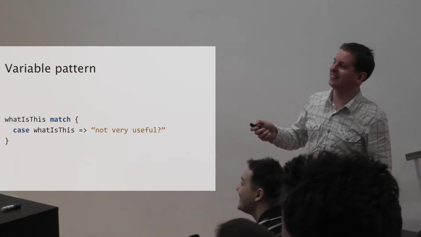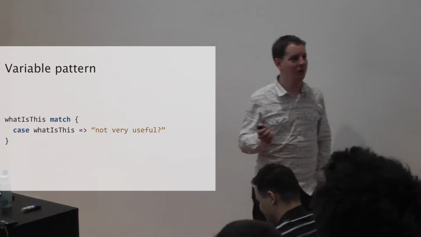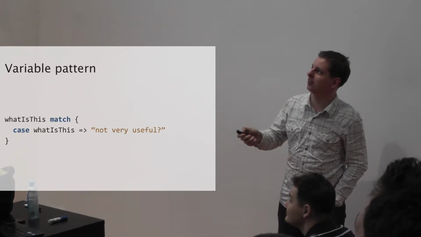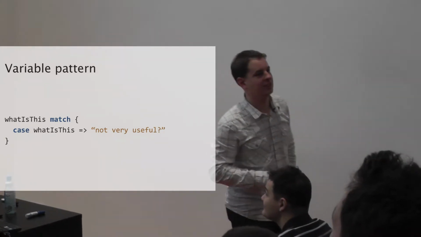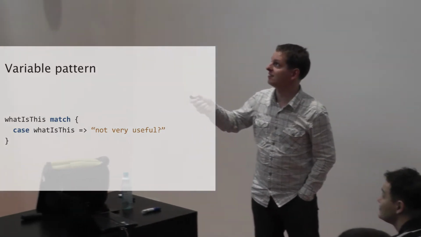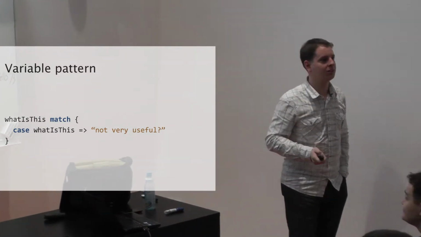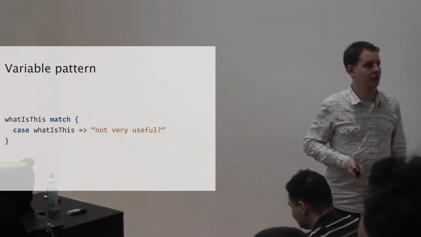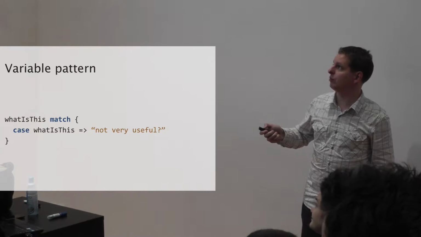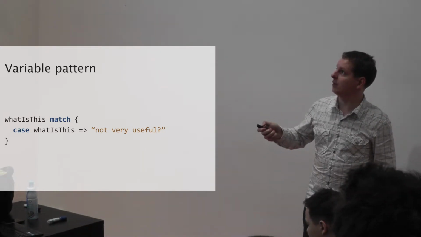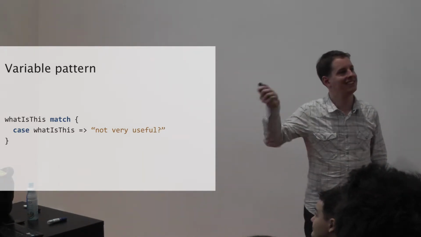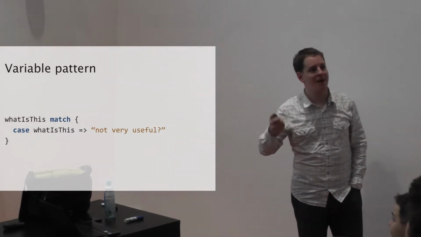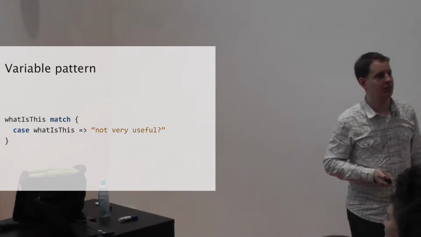This will create a new variable called whatIsThis, which will shadow the original variable. In this case, it's pretty obvious this is totally useless, but it might happen too in real life, if this name will shadow some other variable in scope. And you might not notice it.